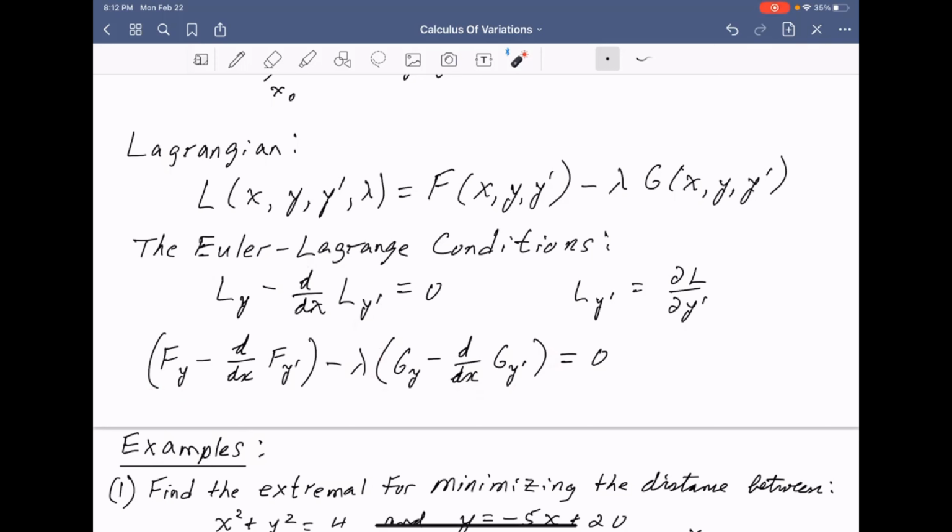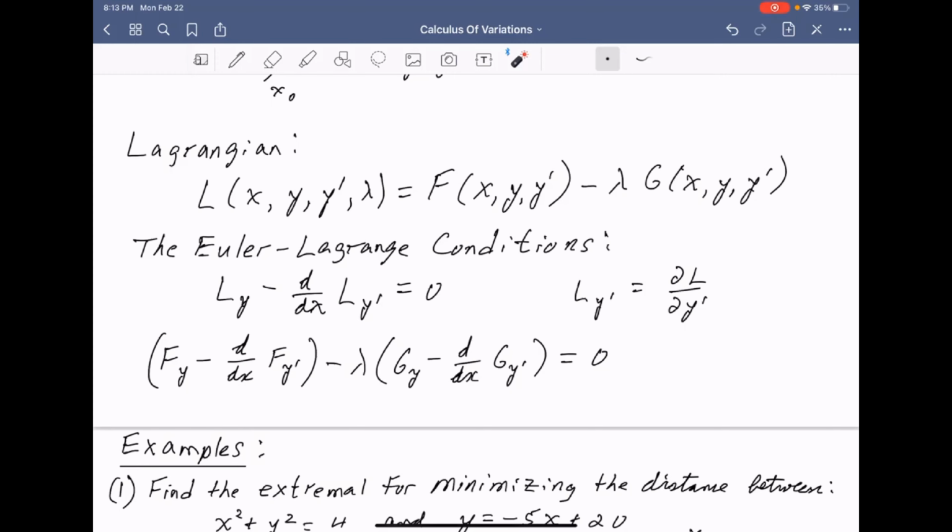The first is the objective function: we take the derivative of f with respect to y and subtract the derivative with respect to x of f y prime, minus lambda times the constraint, g y minus the derivative with respect to x of g y prime, and that has to be set equal to 0 as well.